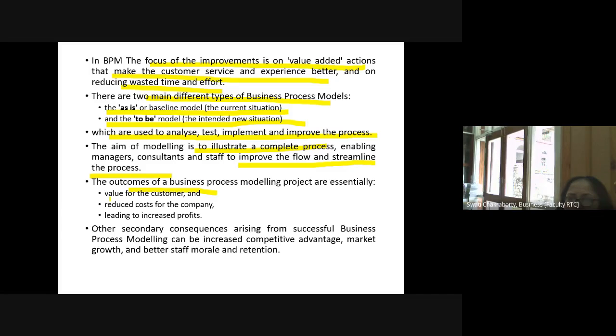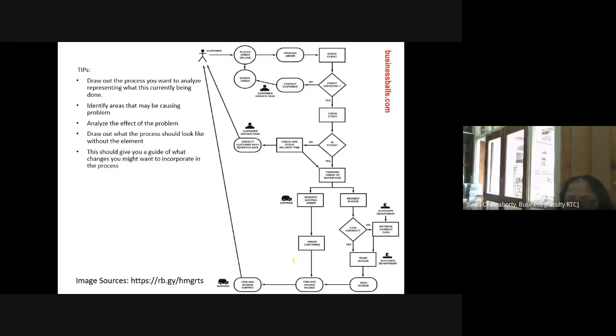It's basically targeting the value of the customers, how to improve that value, reduce the cost of the company, and increase profits. There can be other secondary consequences arising from a successful business process model, such as increased competitive advantage, market growth, better staff morale, and retention.